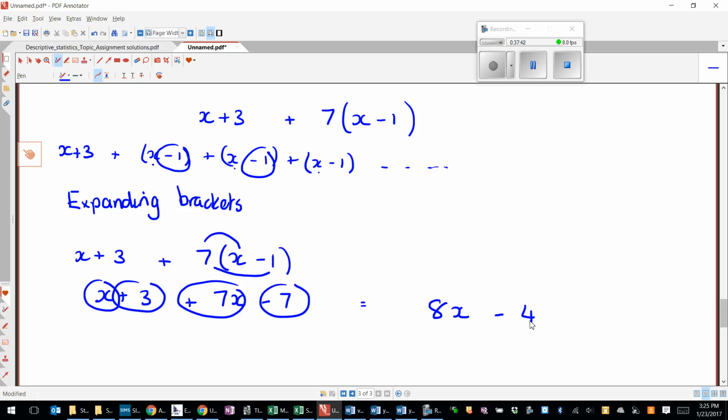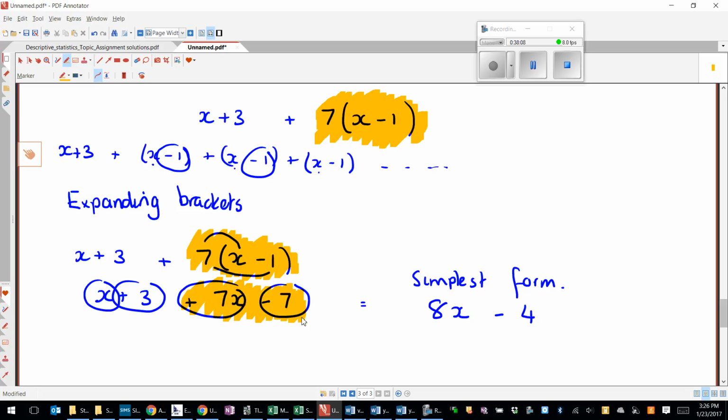That is the simplest form. What you've just done with that 7 times x minus 1, ending up with the plus 7x minus 7, that's expanding the brackets.